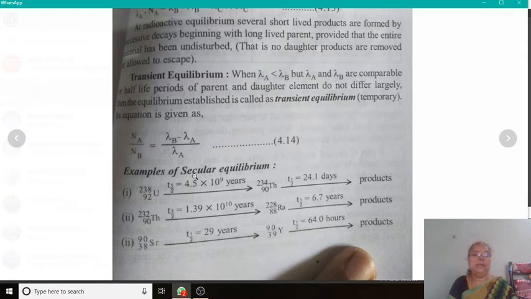Then another example: strontium having mass number 90 and atomic number 38 gives yttrium having mass number 90 and atomic number 39, and it gives products. The half-life of strontium is 29 years, and yttrium has a half-life of 64 hours.